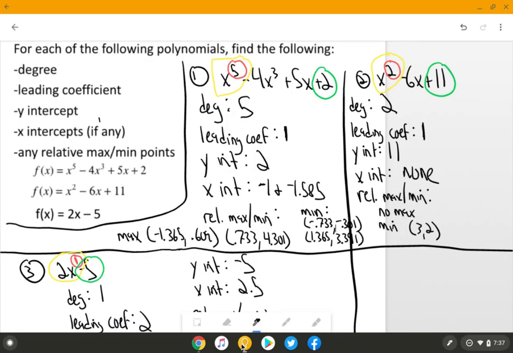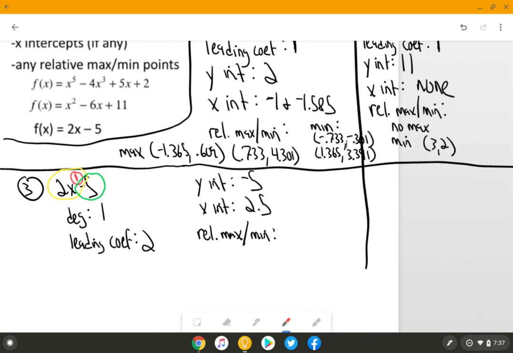The answer is, of course, no. So in this case, number 3, there are no maximum or minimum points because it's linear in nature.